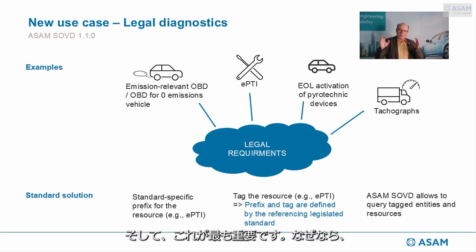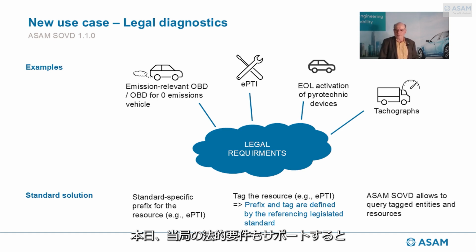Now, this is most important, because I told you today that we will also support legal requirements for the authorities. Therefore we have introduced a totally simple mechanism, the same as with our standard. I told you it's a toolbox.